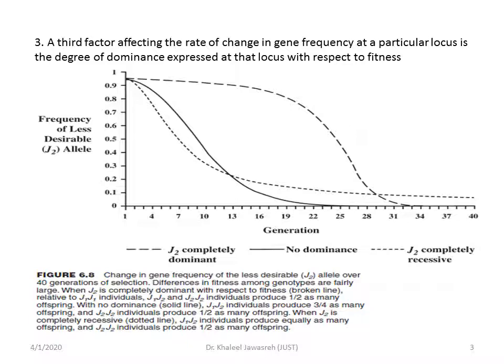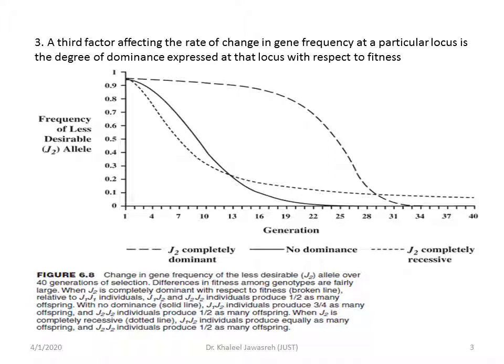But if you also compare it with the complete recessive J2 allele, where J1 and J2 individuals produce equally as many offspring, the reduction in the J2 frequency will occur immediately after the first generation.